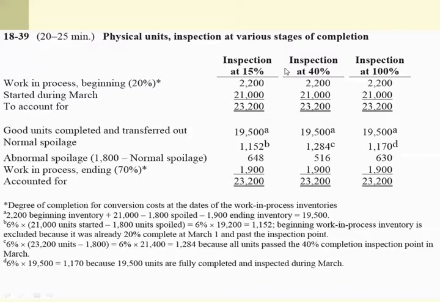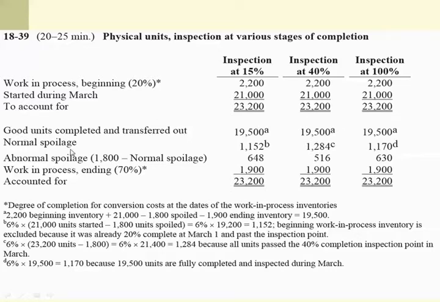Second requirement, inspection point at 40%. Work in process beginning, given 2,200 units. Also started units are given, 21,000 units, to account for 23,200. Good units completed and transferred out as calculated before, 19,500.